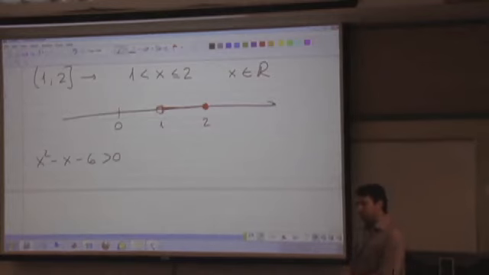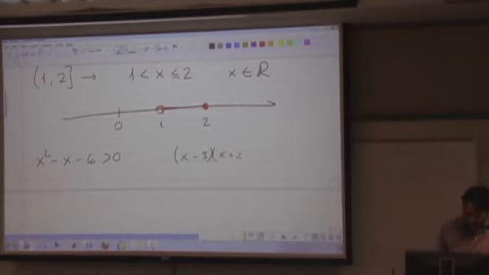Keep in mind that your solution should actually be a whole interval. Well, as it turns out, it's going to be more than one interval. I forgot to mention that, but I'll mention it as we solve this. So how do we solve this? Factor it. Okay, so we get x minus 3 times x plus 2 is bigger than 0.